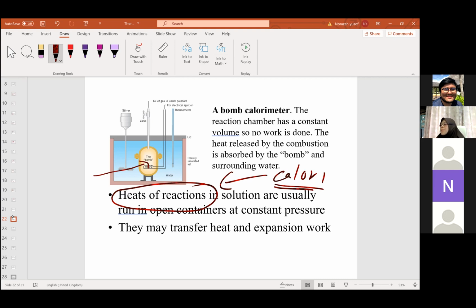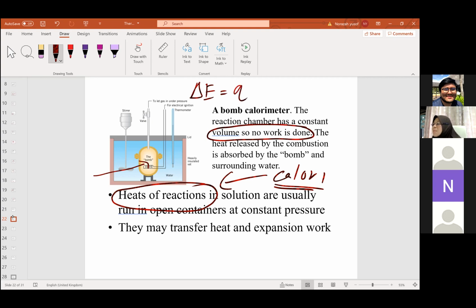And why we use a specific calorimeter, for example, is because we have to control that whatever chemical reaction is happening in the food, when we burn it, it will not change into volume, because we want to measure, let's say this is E, remember, chemical energy from that particular food.